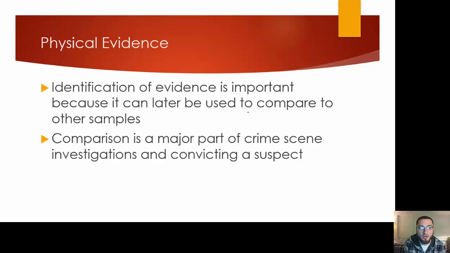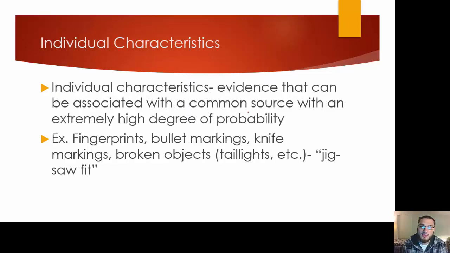Comparison is a major part of crime scene investigations and convicting a suspect. So if we collect soil from a crime scene and we're able to find that soil in the grooves of that person's boots, well, then that helps us to build our case. Individual characteristics, that's evidence that can be associated with a common source with an extremely high degree of probability.